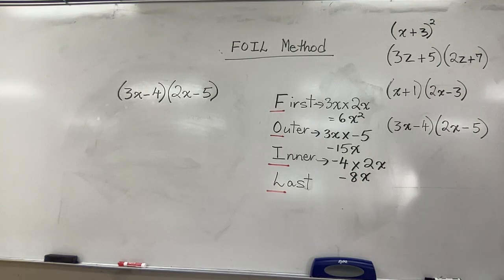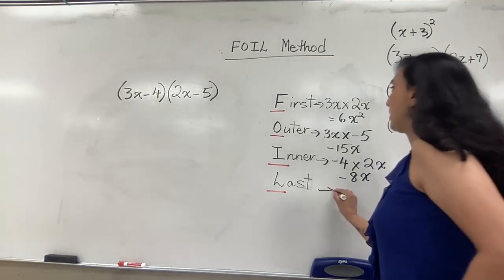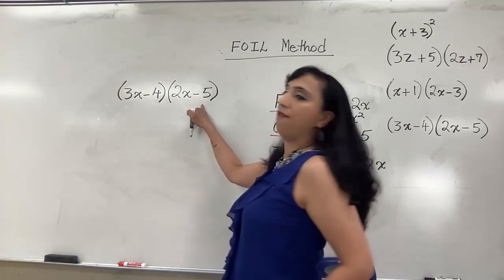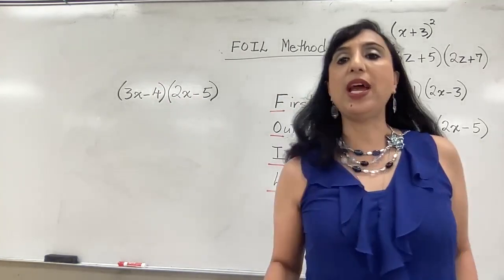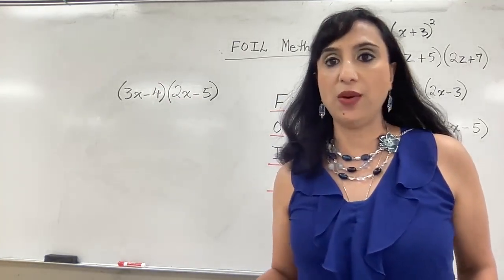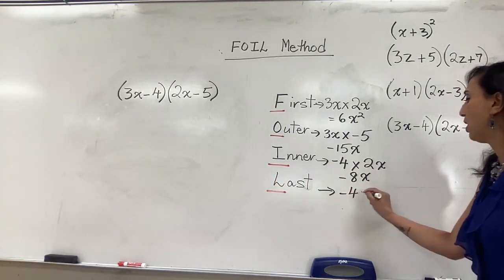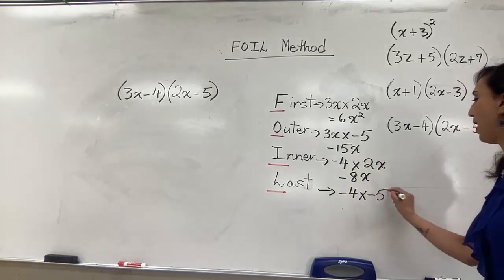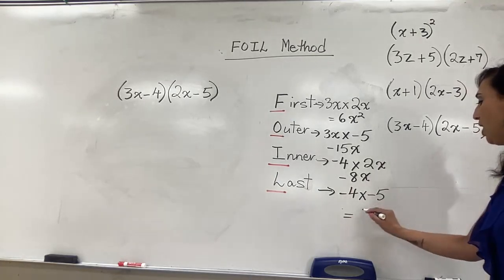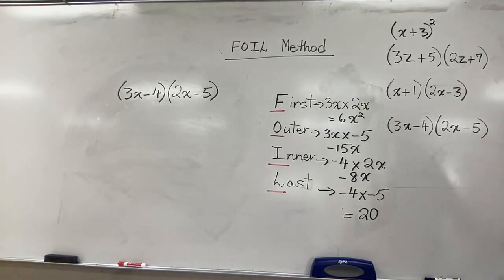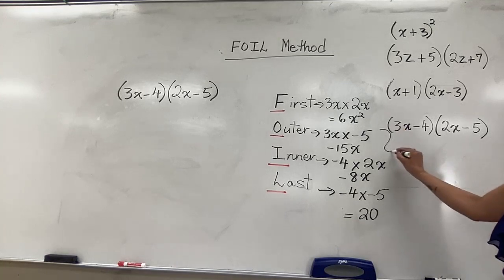So next, we have the last, and for last I have negative 4 and negative 5. If you multiply two negative numbers, my product is going to be positive. So it's negative 4 times negative 5, which gives me a positive 20. All right, so these two are my like terms.